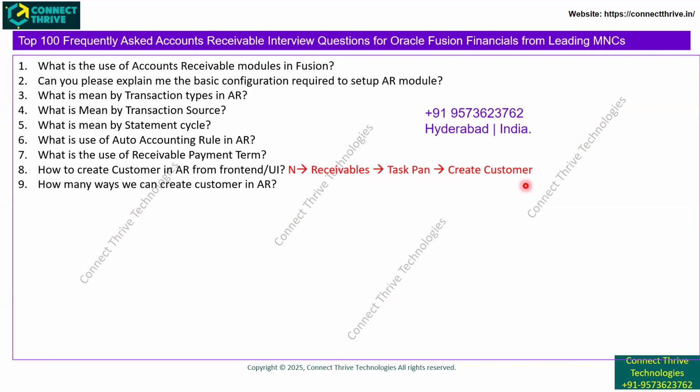All the customers will come to our AR screen based on a batch run from Salesforce to our AR module. So we can maintain the customers in a third-party application like Salesforce also, and from there it will come. For an external application like Salesforce we can use the FBDI template, and through the spreadsheet we can also create manually.